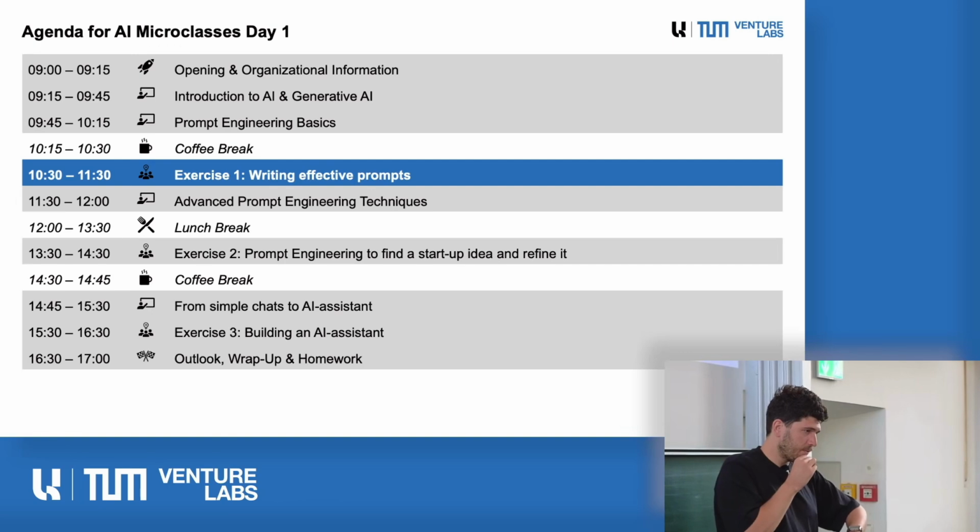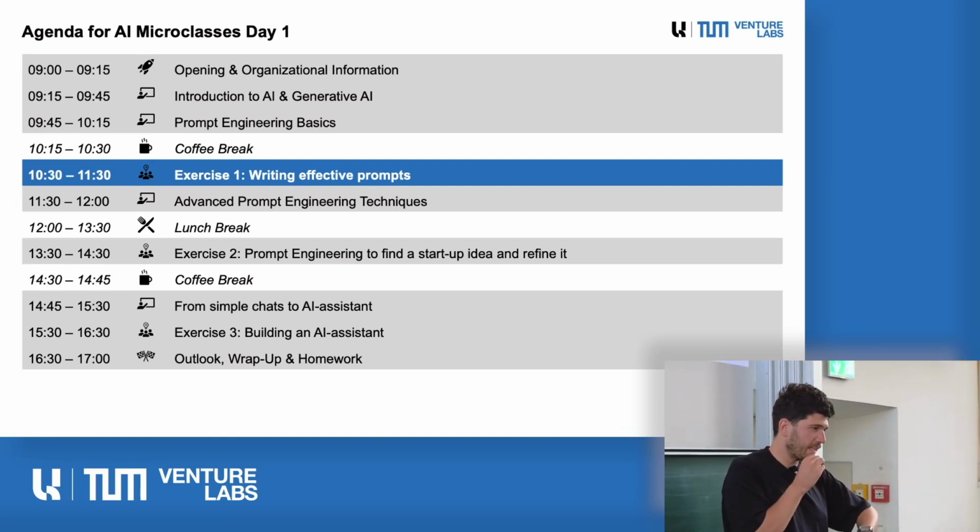I would rather skip that and go to the second exercise so we can have a lunch break on time. Then I try to do the advanced prompt engineering now in half an hour. Maybe have some time for further questions now and then an extended second exercise. Would that make sense for you? Or would you want to try out what we have learned now? Okay, let's continue.